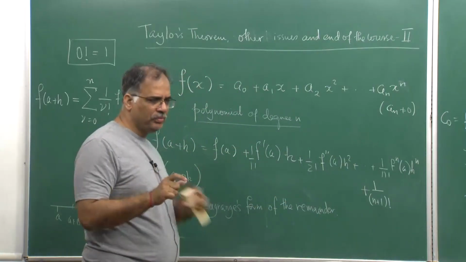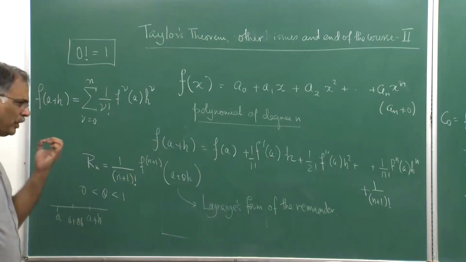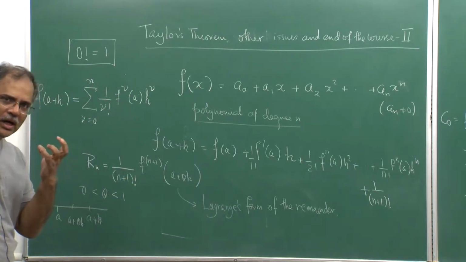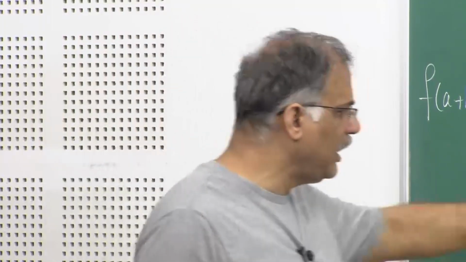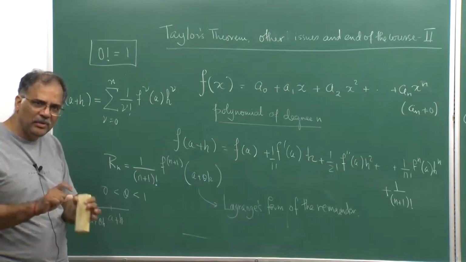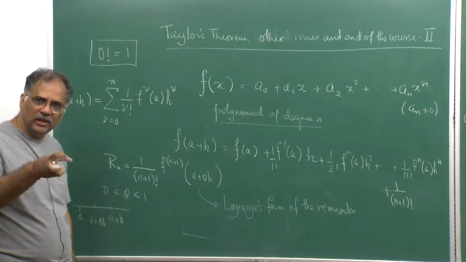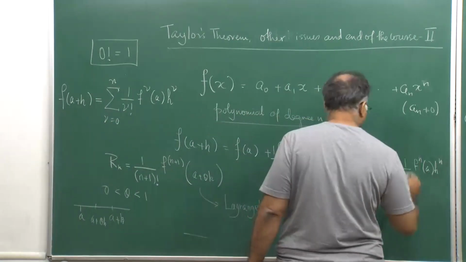I cannot go beyond a plus h, I have to remain within that. If I move away from a, I will capture that error. So, it cannot be f^n of a because it is not a polynomial, but it could be something a little bit different that will pull in the error and make an exact representation.